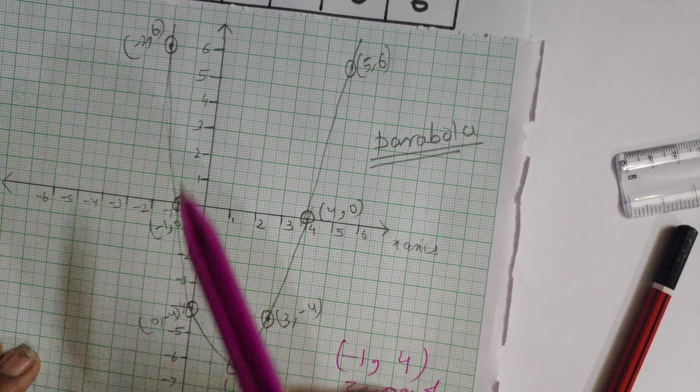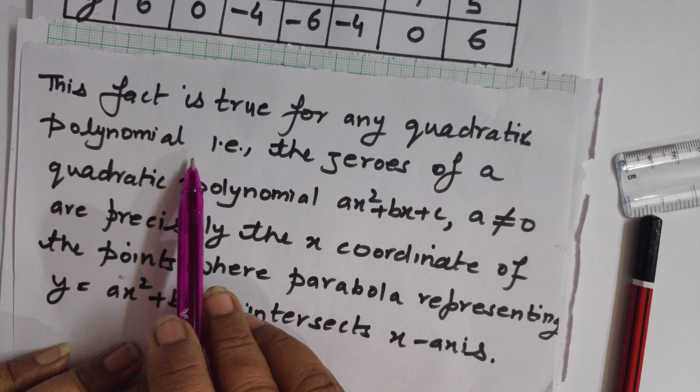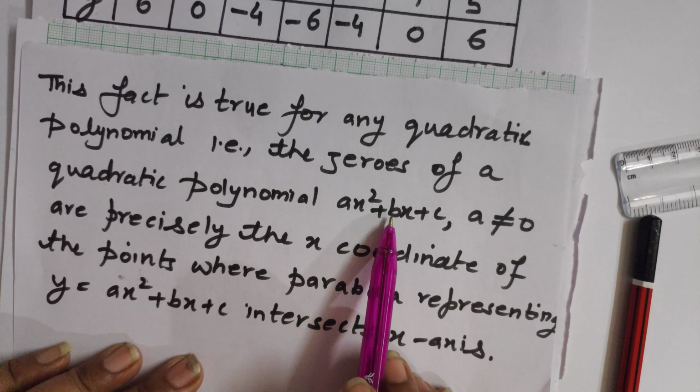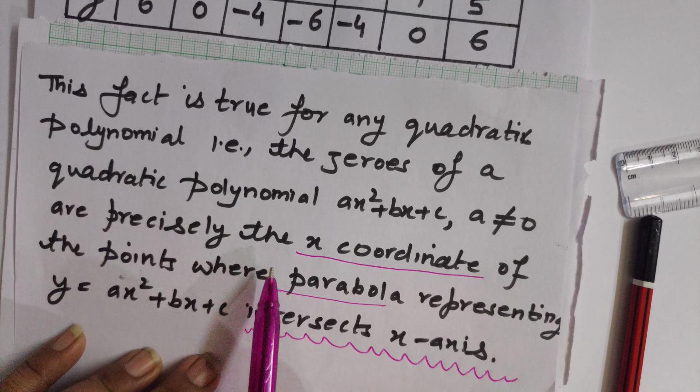This fact is true for any quadratic polynomial: the zeros of a quadratic polynomial ax square plus bx plus c, where a is not equal to 0, are precisely the x coordinates of the points where the parabola representing it intersects the x-axis. We will try to understand again.